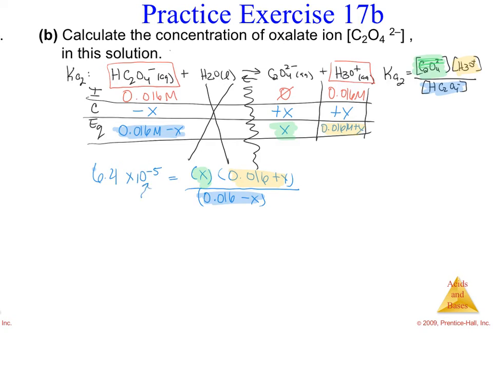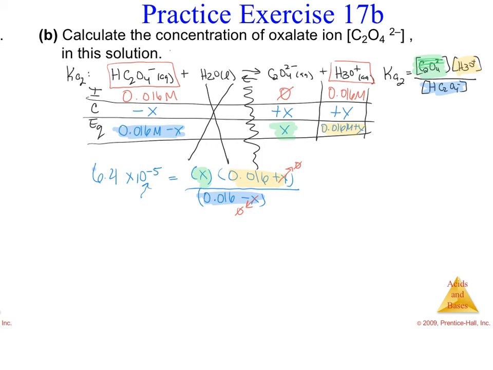Again, pointing out that 10 to the negative fifth is small. So our shortcut, we're going to assume that X is smaller than the number it's being subtracted from or added to, so in comparison to 0.016. So we're going to make both of those X's 0. Only the X that is being added or subtracted from another number turns to 0.